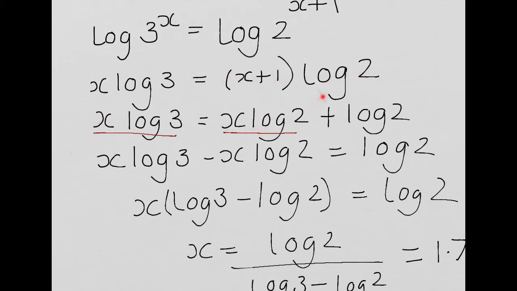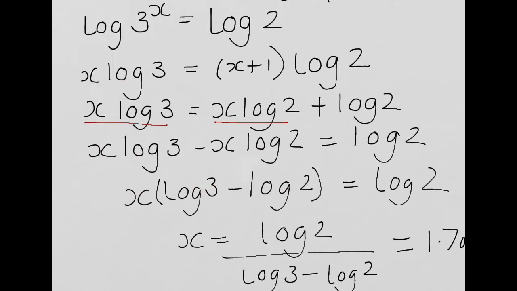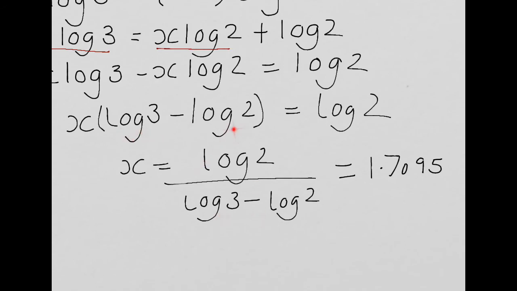I then multiply out, and I bring together on the same side all the terms that have an x in them. I factorise out my x. I then divide through by the bracket, and I get my answer, 1.7095.